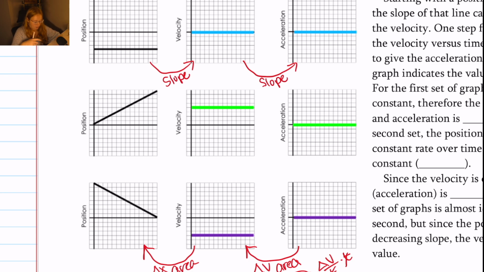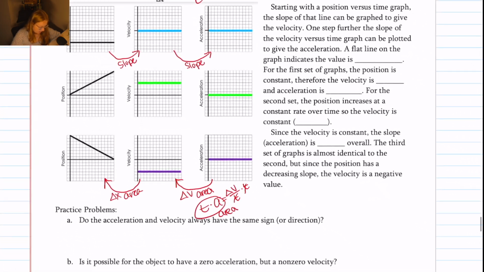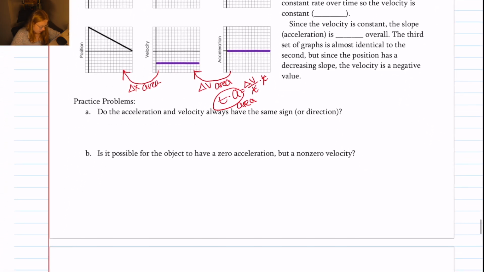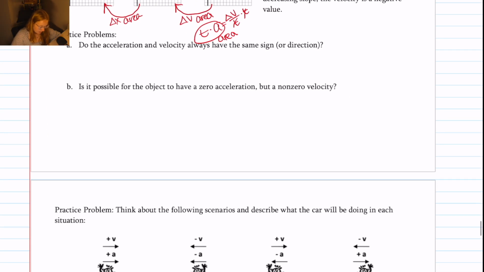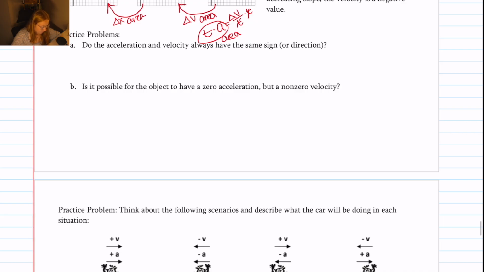But if you want to go backwards, if you have acceleration, you can analyze the area to find velocity, and then we can analyze the velocity graph's area to find the position. So you can go backwards as well. Okay, we'll talk more about graphing in a minute. So I'm just going to mention that you analyze the slope, or if you want to go backwards, do the area. So let's answer these conceptual problems.